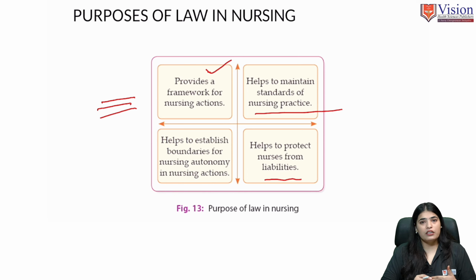In cases of legal dilemmas, it helps nurses protect themselves in cases of legal issues. So these are the purposes of laws in nursing: to provide a framework, to help maintain the standards, to provide clear guidelines in autonomy, and to prevent legal dilemmas.